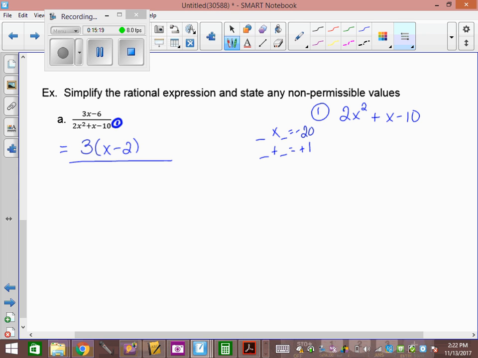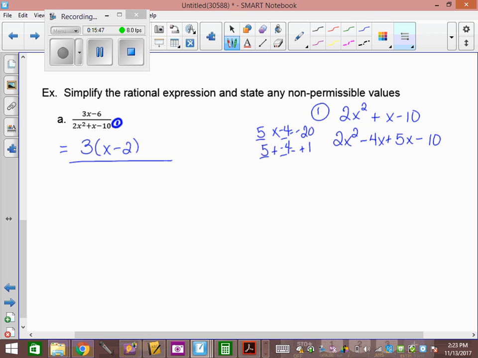What's it going to be? 4 and 5, but one of them has to be negative. 5 and negative 4. Can I go right to brackets? No, I have to decomp. So you go 2x squared minus 4x plus 5x minus 10. Do I have to do it in that order? 4 and 5?